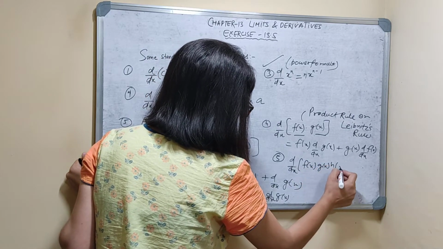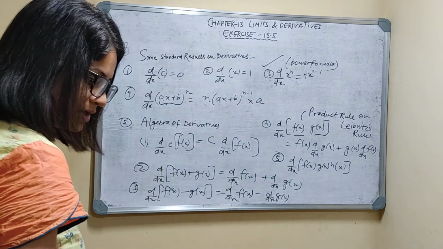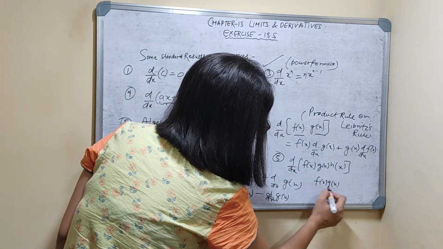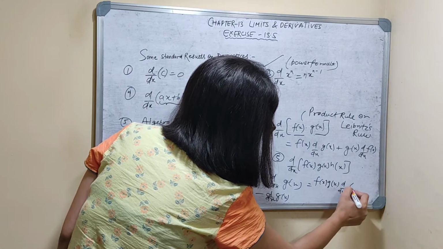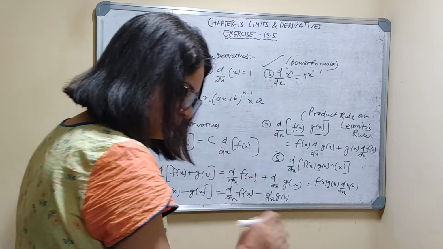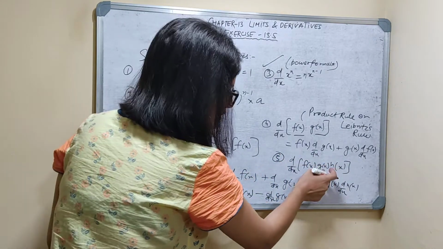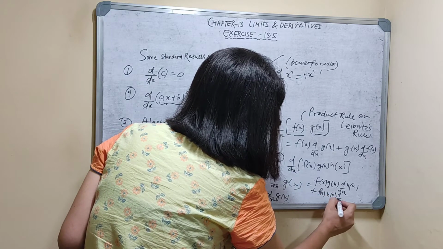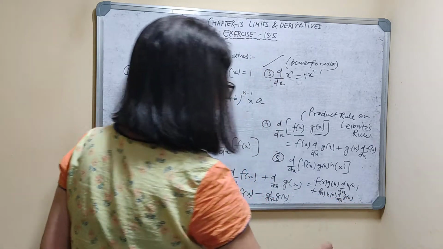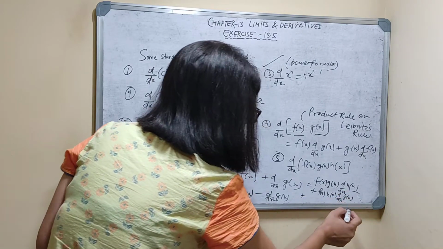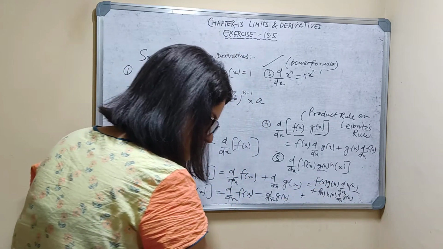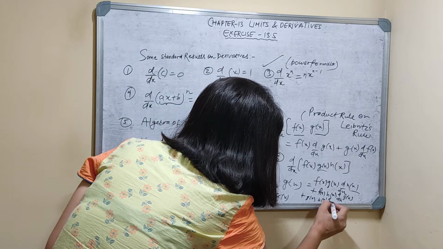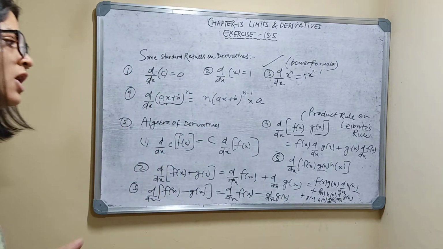Any two functions you write first, f(x) g(x) into d by dx of h(x), plus f(x) h(x) into d by dx of g(x), plus g(x) h(x) into d by dx of f(x).